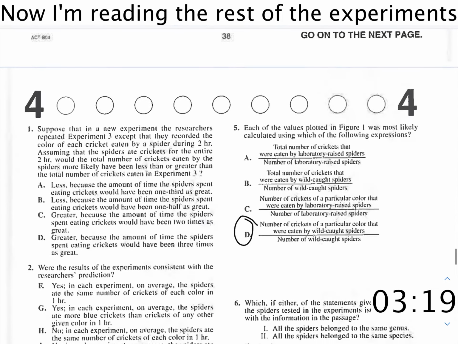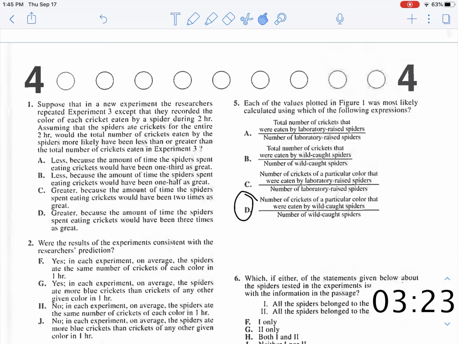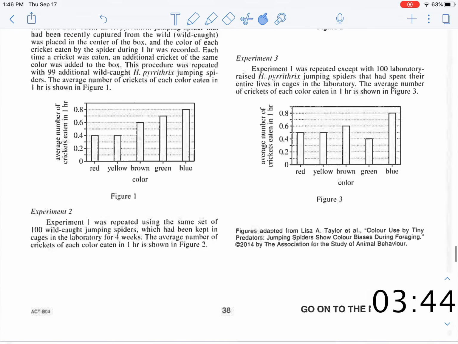Okay, these are weird. I'm looking at number 1 now. Suppose in a new experiment, the researchers repeated it except they recorded the color during 2 hours. The total number of crickets eaten by the spiders will likely have been less or more than the number eaten in experiment.